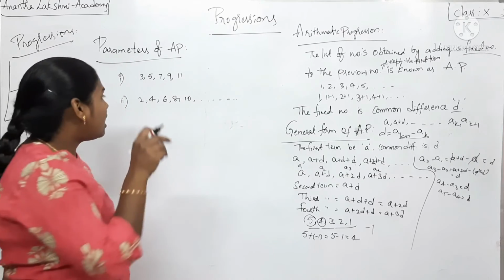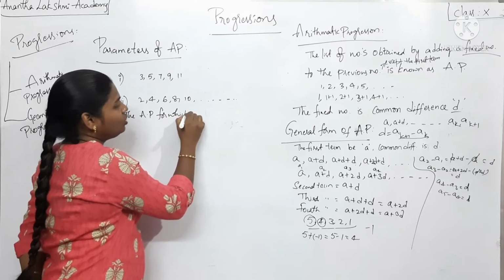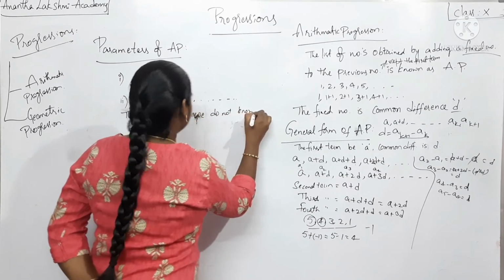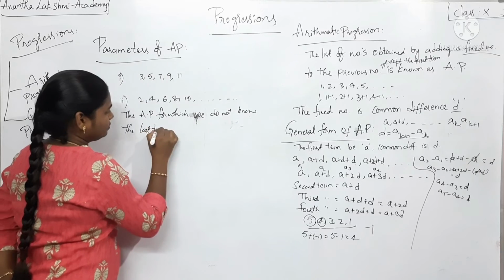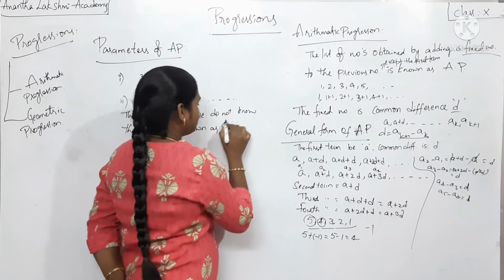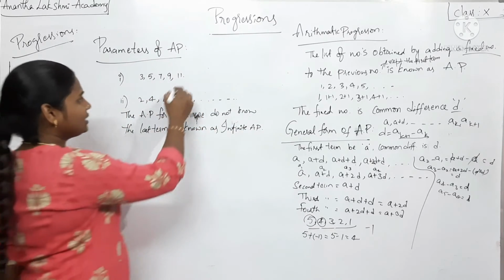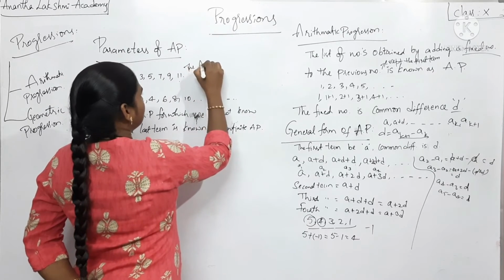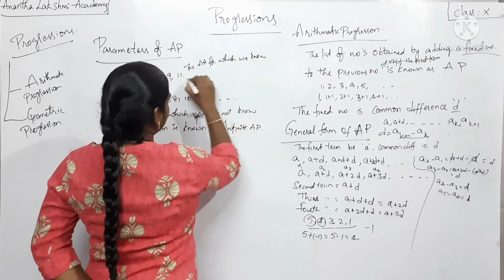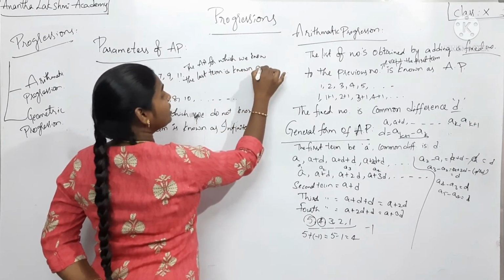The arithmetic progression for which we do not know the last term is known as infinite arithmetic progression, and for which you know the last term, here the last term is 11, the AP for which we know the last term is known as finite AP.